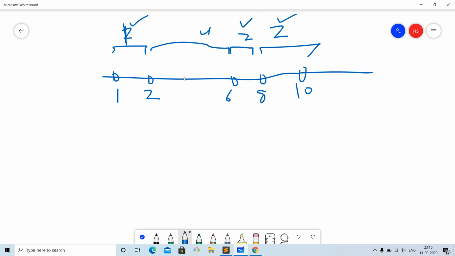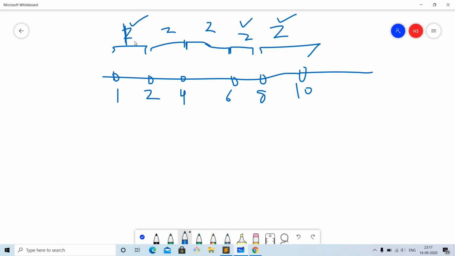In the next query, they are adding a pile at position 4. Now the distances will be modified a little: instead of distance 4 earlier, we now have two distances of 2, so these are located at distance 2 and this is located at distance 2.